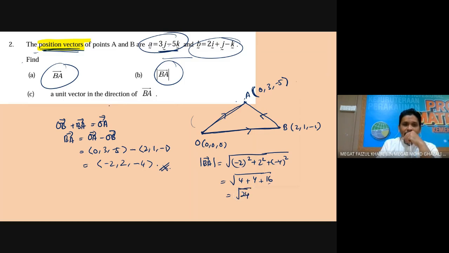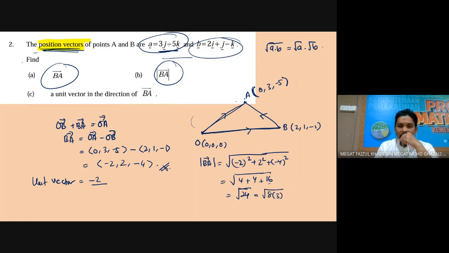Now the unit vector is negative 2 divided by the square root of 24. The square root of A times B equals the square root of A times the square root of B. Imagine 24 is 8 times 3, and 8 is 2 times 4, so 2 times 4 times 3.